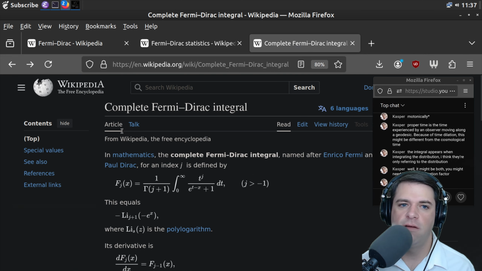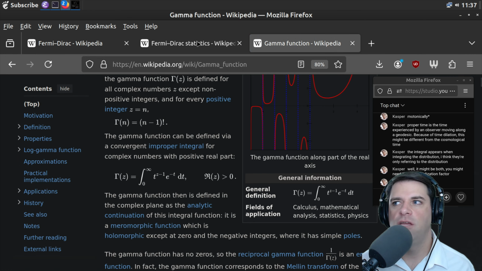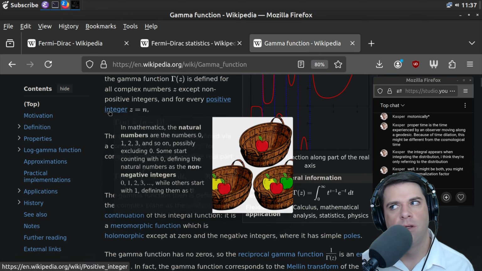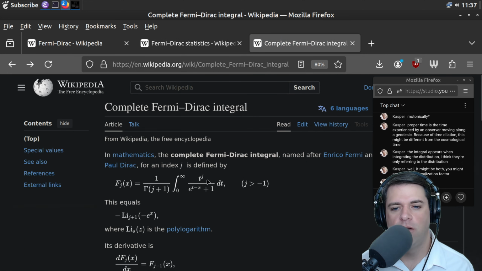So is this ever not a factorial? I guess j ranges from -1. So we get like a gamma of -2 and a gamma of -1 and gamma of 0 maybe. But other than that, these are just exponentials or factorials.